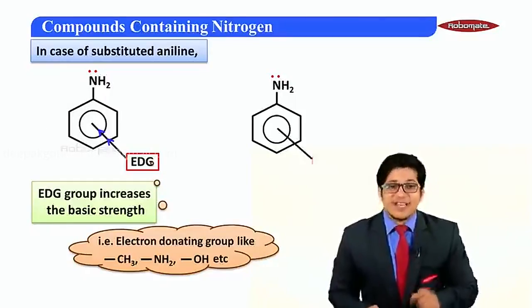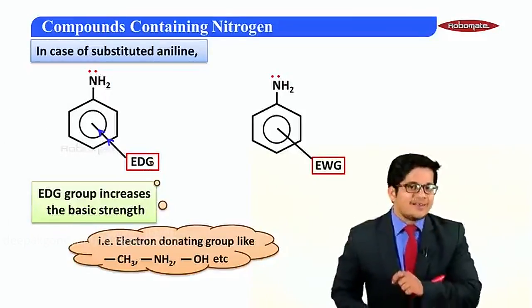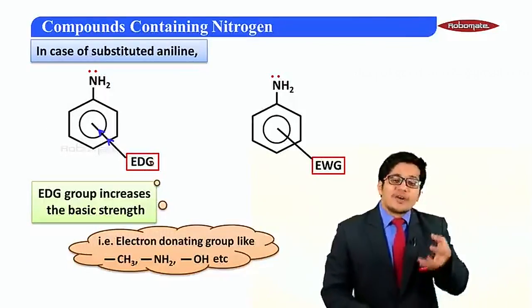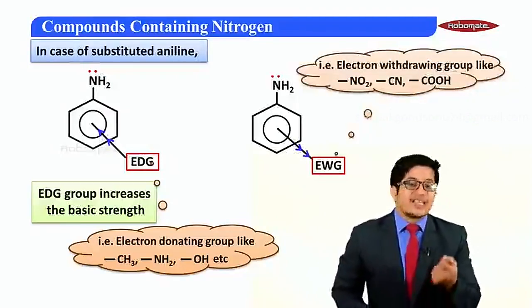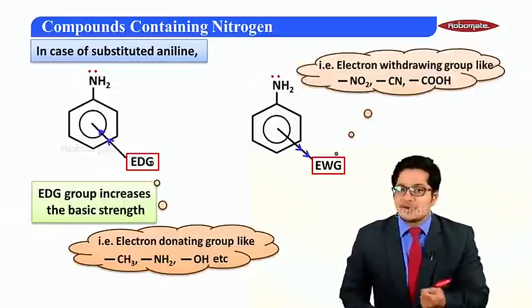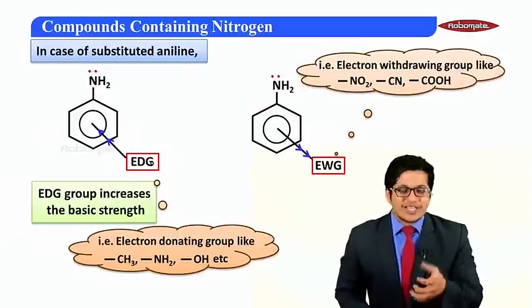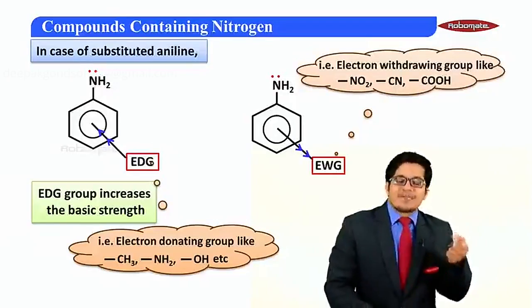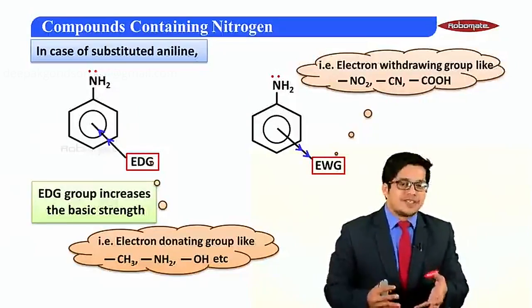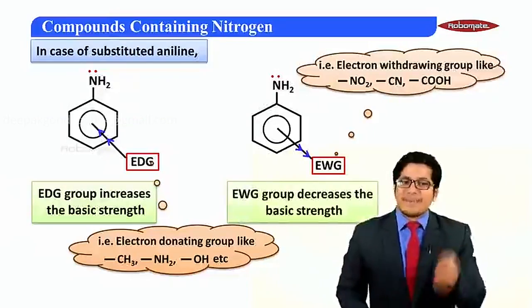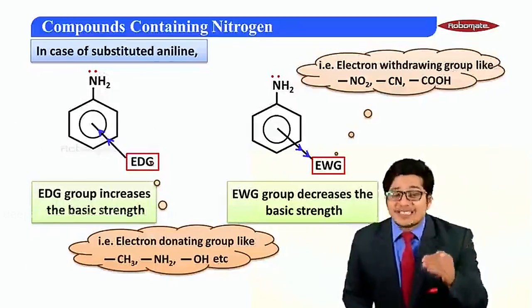Let's see further. If aniline has an electron withdrawing group, such as NO2, CN or COOH, these would pull out the electrons of benzene. So benzene would definitely pull out the electrons from nitrogen, and because of this, the basic strength would go on decreasing.